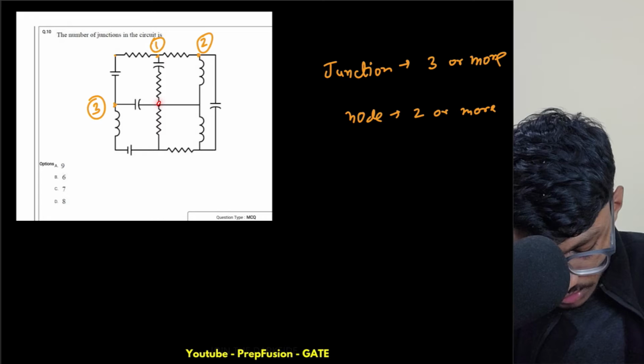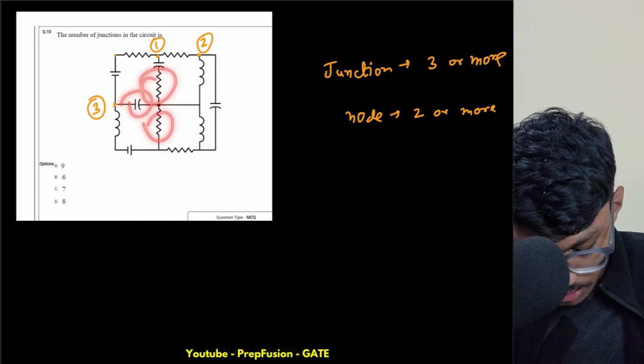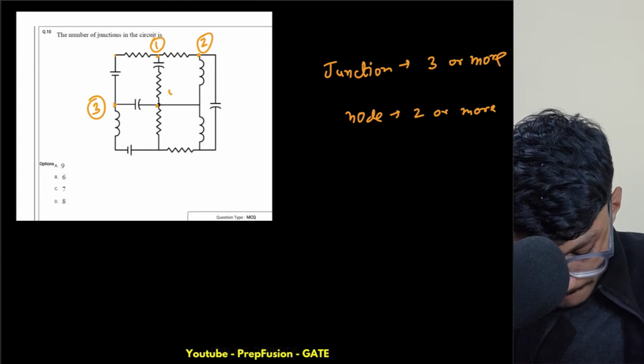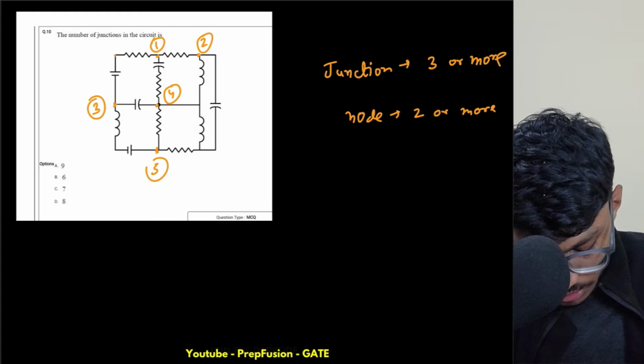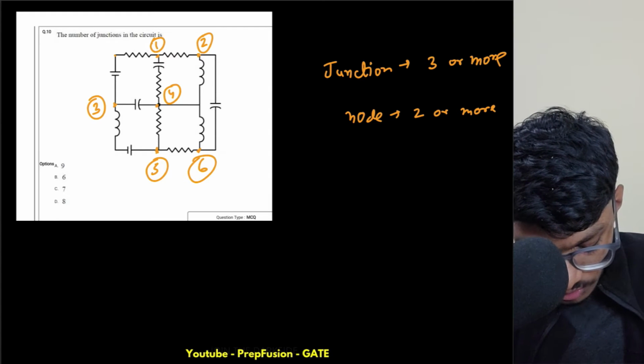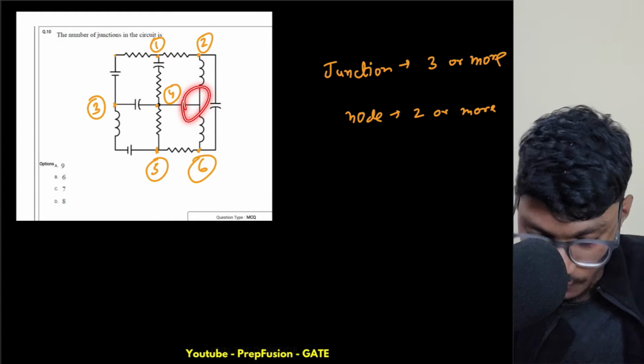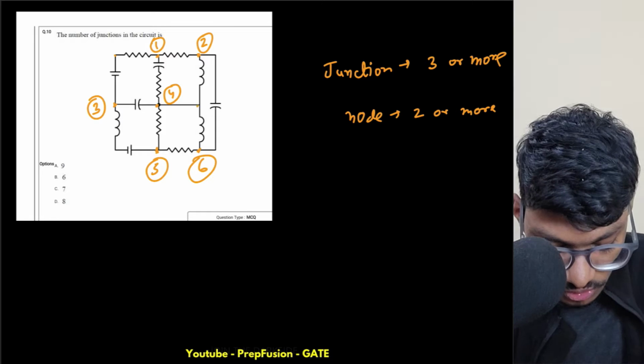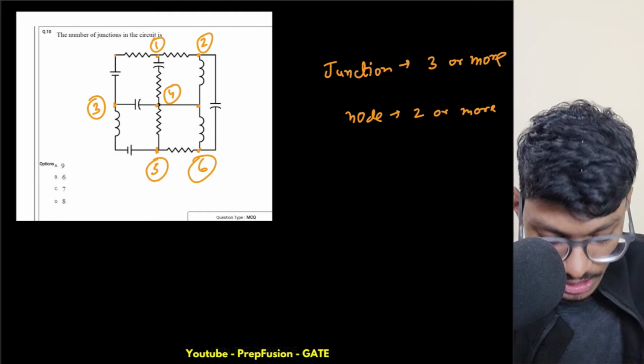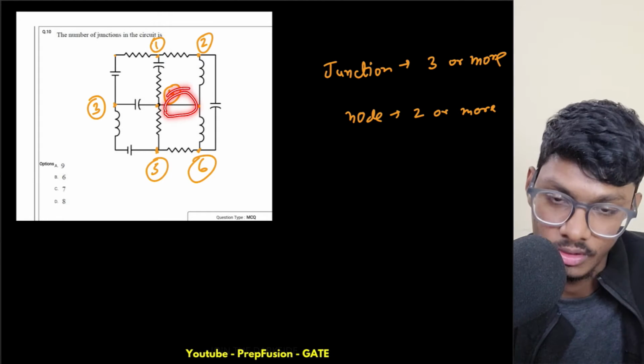At this point, resistor, capacitor, so this is a junction. This point is a junction, and this point is a junction. Many students got confused here. They thought this one is also a junction, but it is not, because here I don't have any element, only a wire is present.